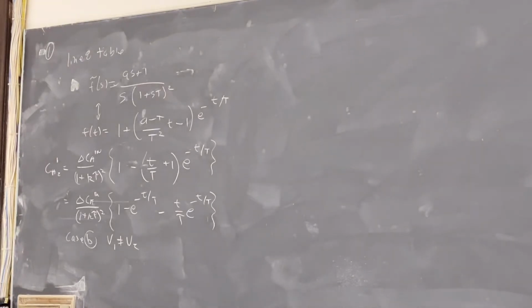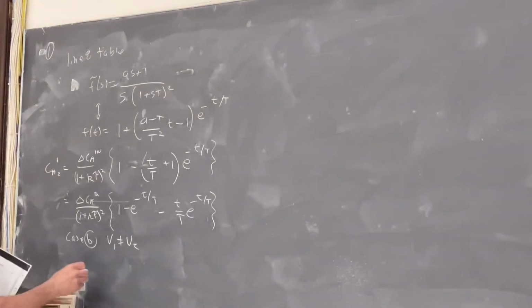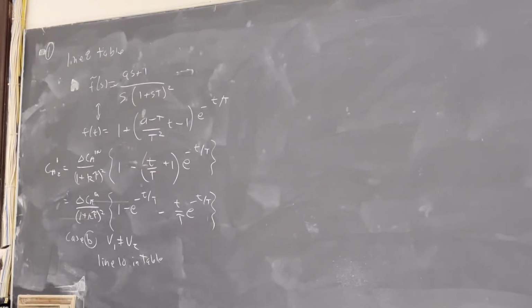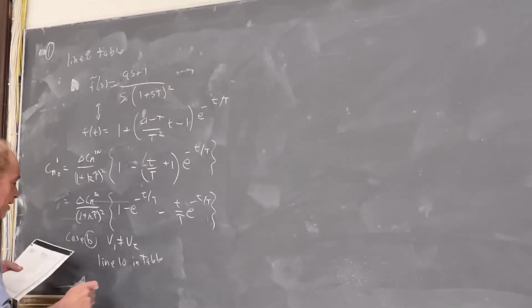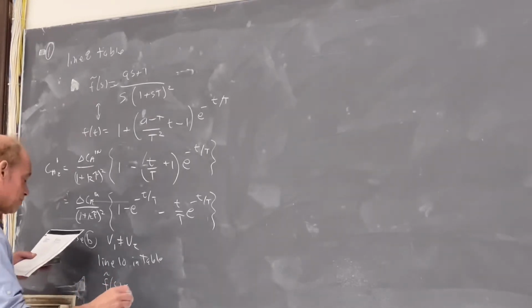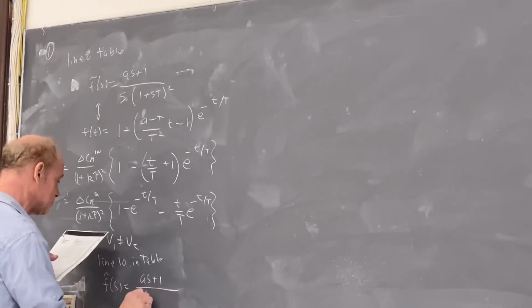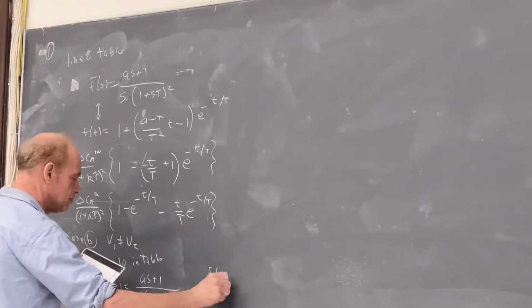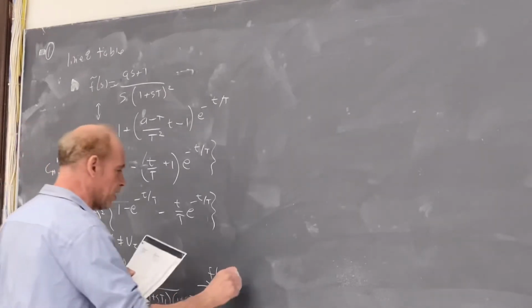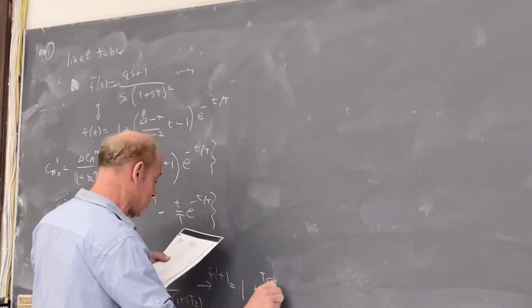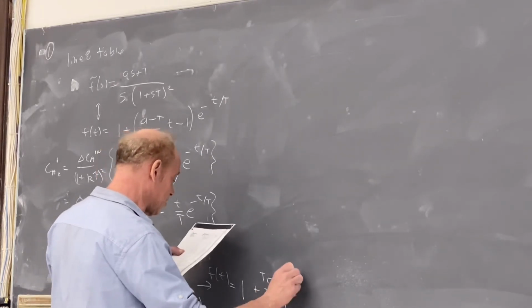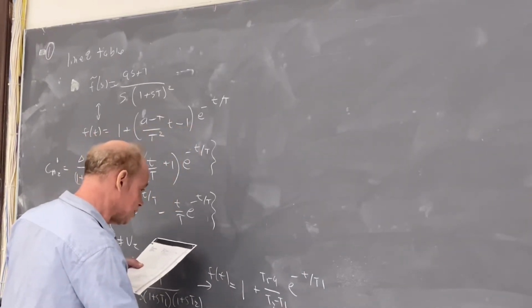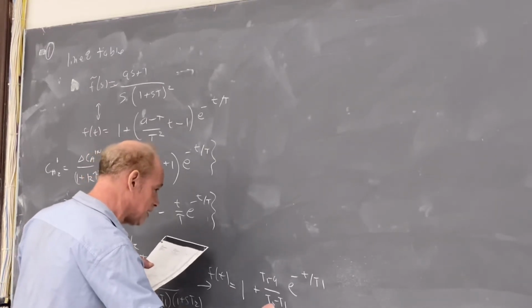So if I look at my table, line 10 says f tilde of s equals (as plus 1) divided by s(1 + sτ1)(1 + sτ2), which corresponds to f of t equals 1 plus (τ1 minus a) over (τ2 minus τ1) e to the minus t over τ1 minus (τ2 minus a) over (τ2 minus τ1) e to the minus t over τ2.